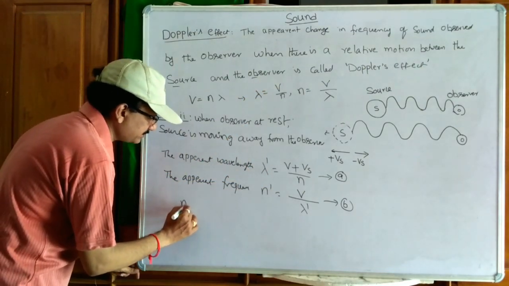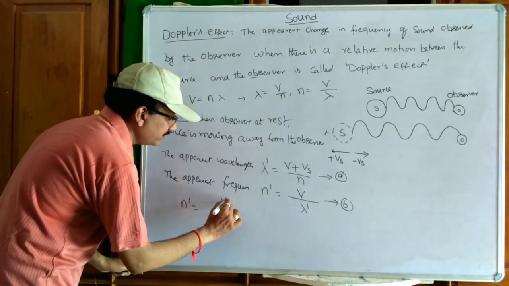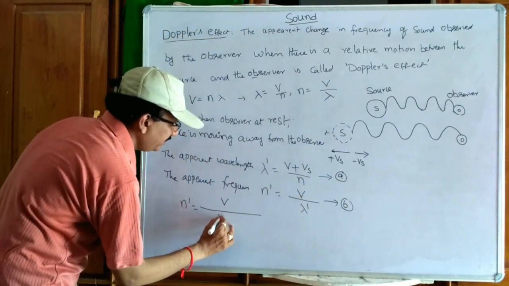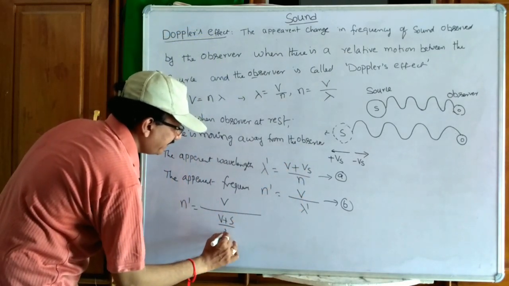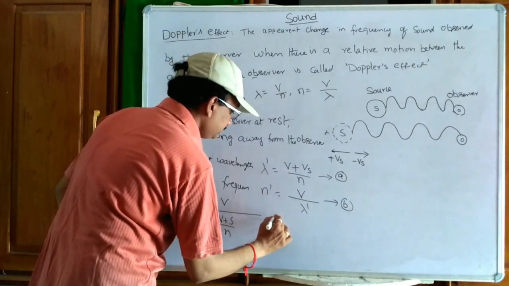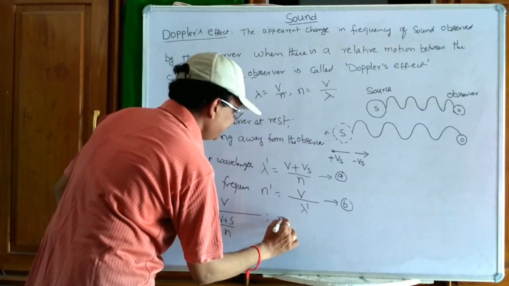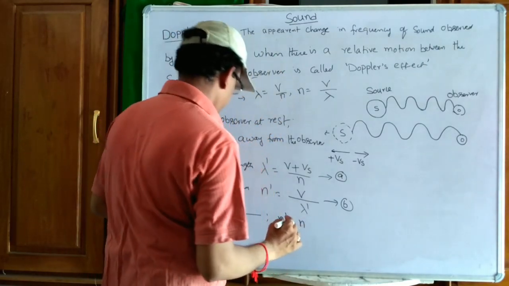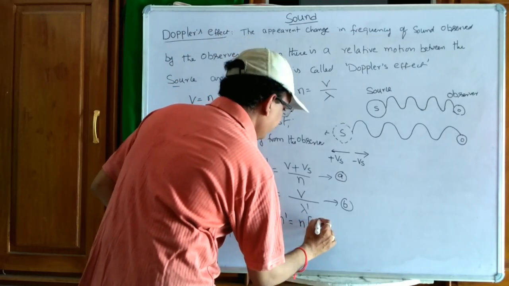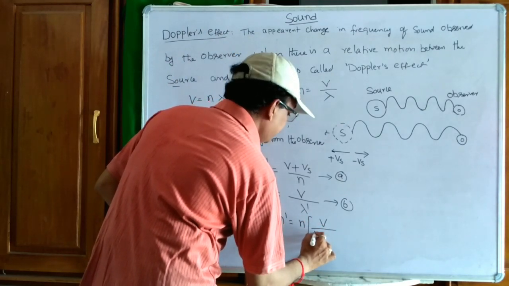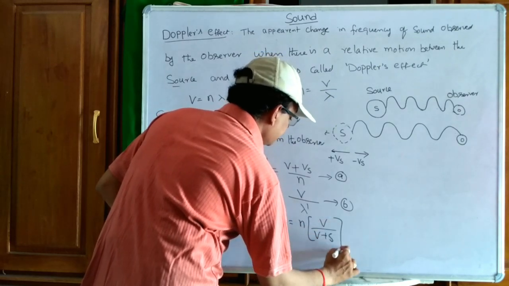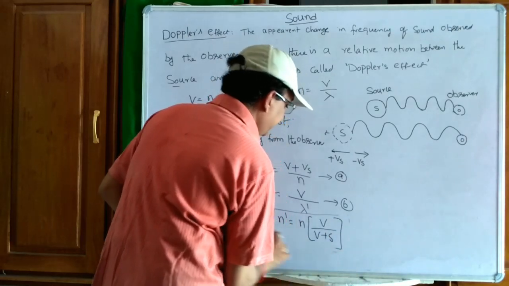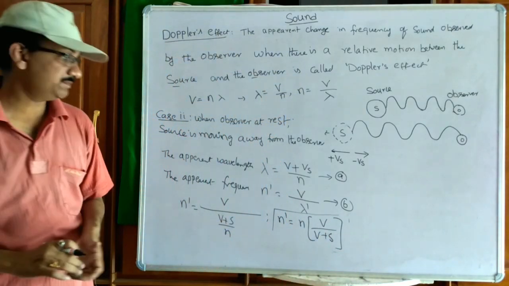Then N dash is equal to V whole divided by V plus Vs by N. Then N dash is equal to N into V by V plus Vs. This is the condition for source is moving away from the observer.